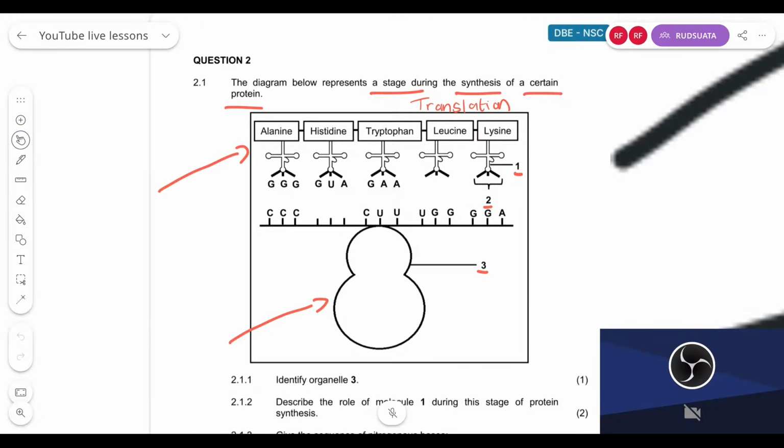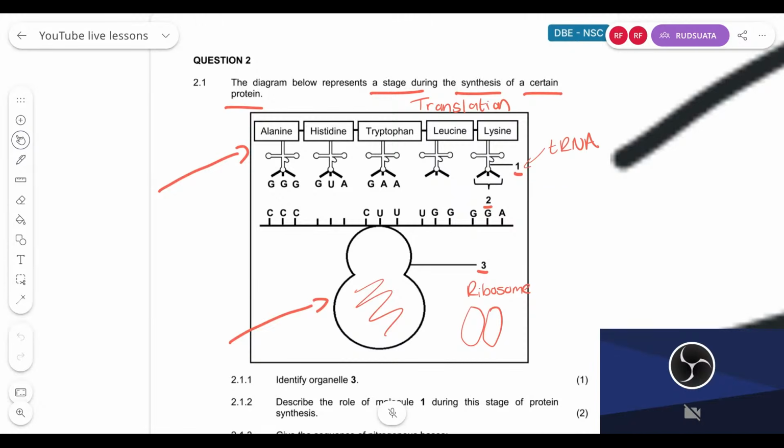Well, number one, this giant thing over here, that's the ribosome. It's often drawn like a little chubby snowman. It sometimes looks like a coffee bean as well, like they draw it like a little coffee bean. So that's the ribosome. The next clue was what's at number 1, which is a tRNA molecule.